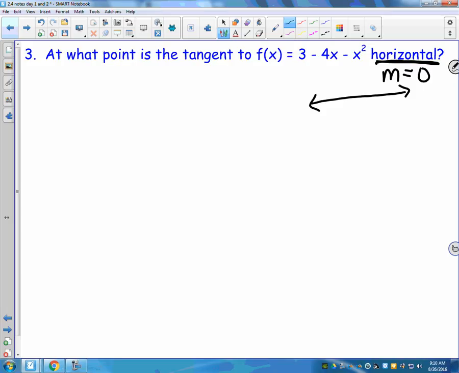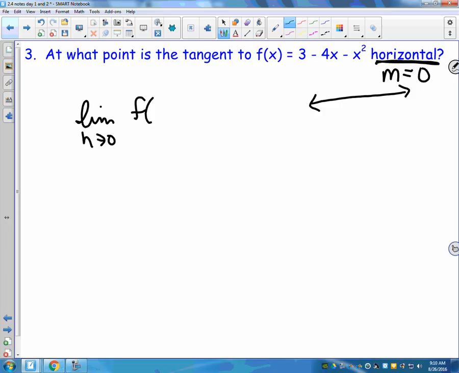So remember, what we're finding is the slope of the tangent line. So when we do the limit as h approaches 0 of f of, what are we using, a?